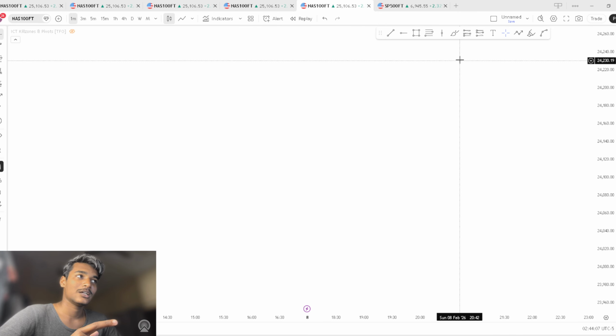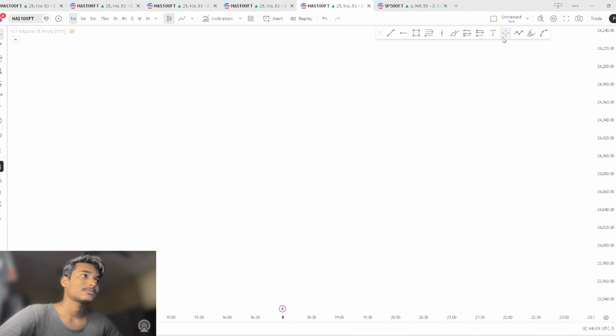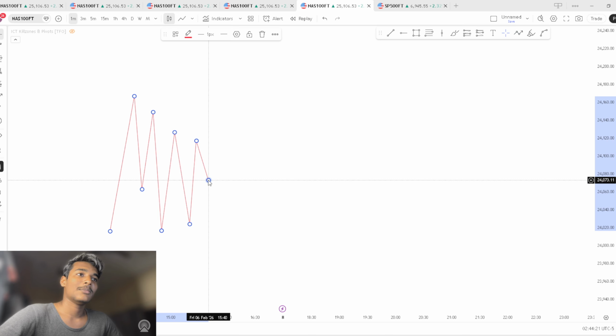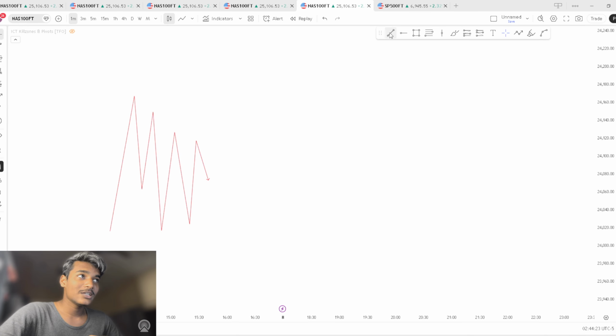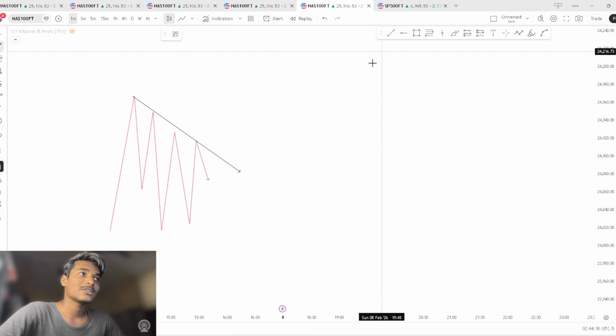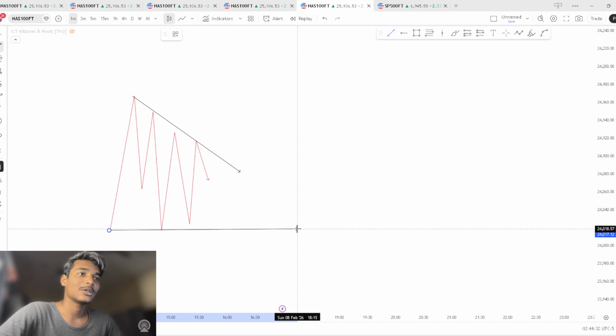I will tell you one more example. Suppose the market is moving like this. Okay, the market is moving like this. You can see we have low resistance liquidity up here, and we also have some relative equal lows at the bottom.